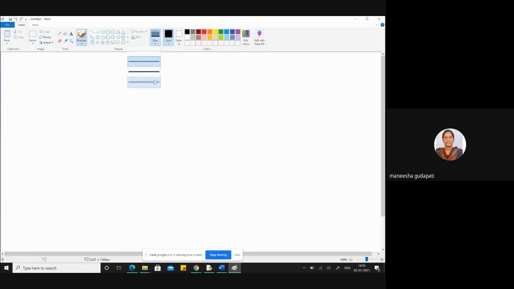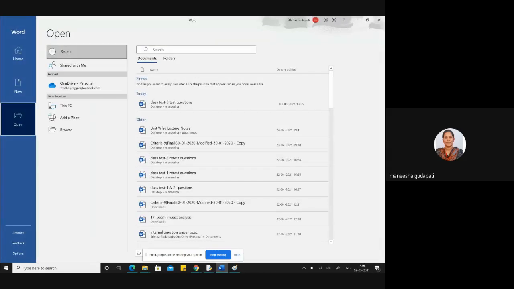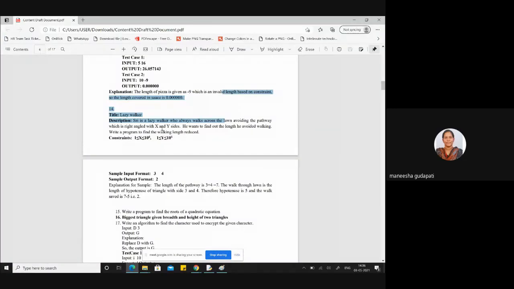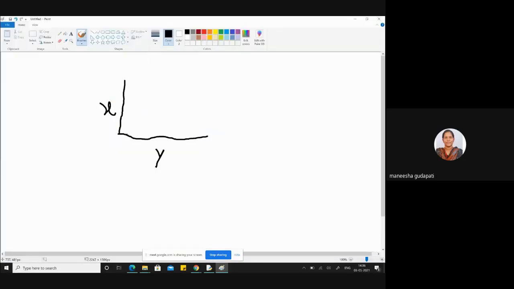Suppose this is one direction, the path: this side the length is x and the other side the length is y. They said that this x and y are at a right angle, that means they are perpendicular to each other.